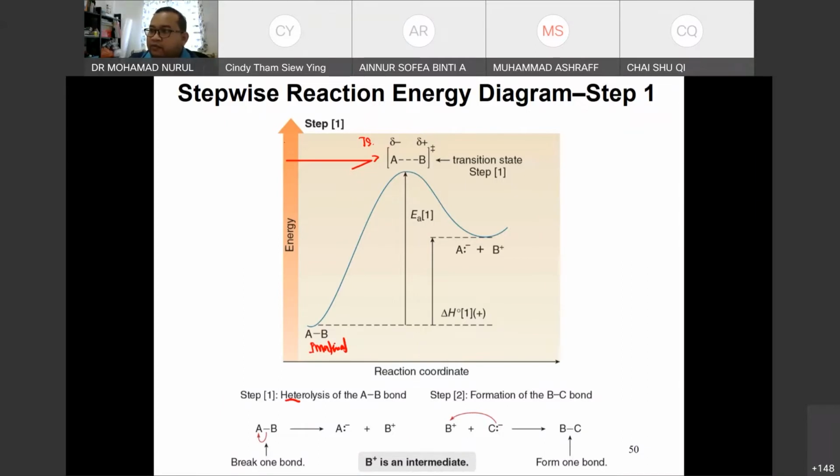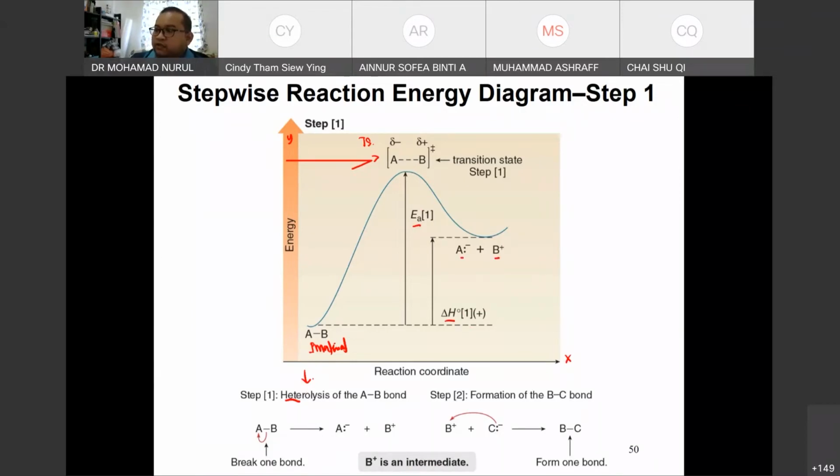And again, you have to label the y and x axes. In this case, the activation energy, don't forget to label it, and also delta H for the first process. And B is an intermediate. It means B and A minus is the intermediate in this case.